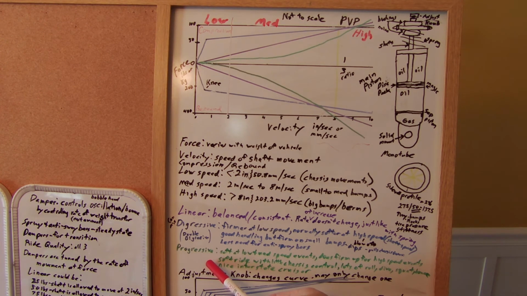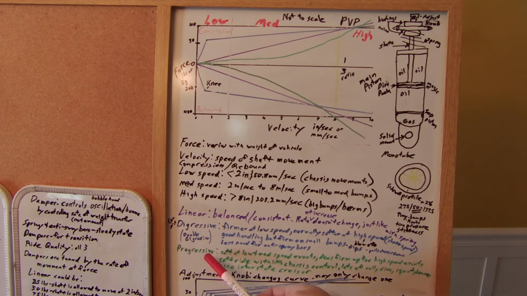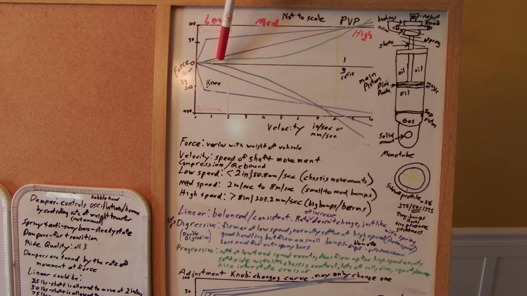All right, progressive, we're talking coilovers. It's unlikely you're going to have progressive, but you see the line here, very soft and low. So your chassis movements are just almost exaggerated because there's no control of them.